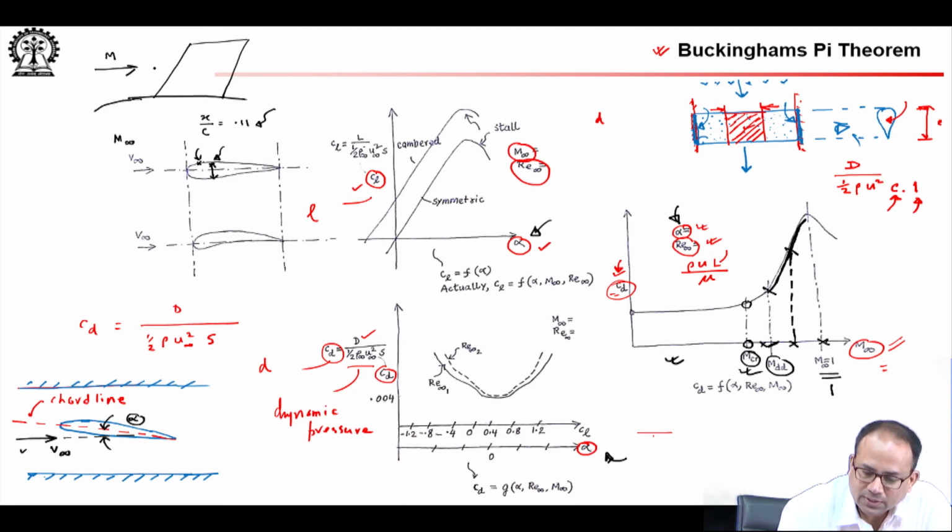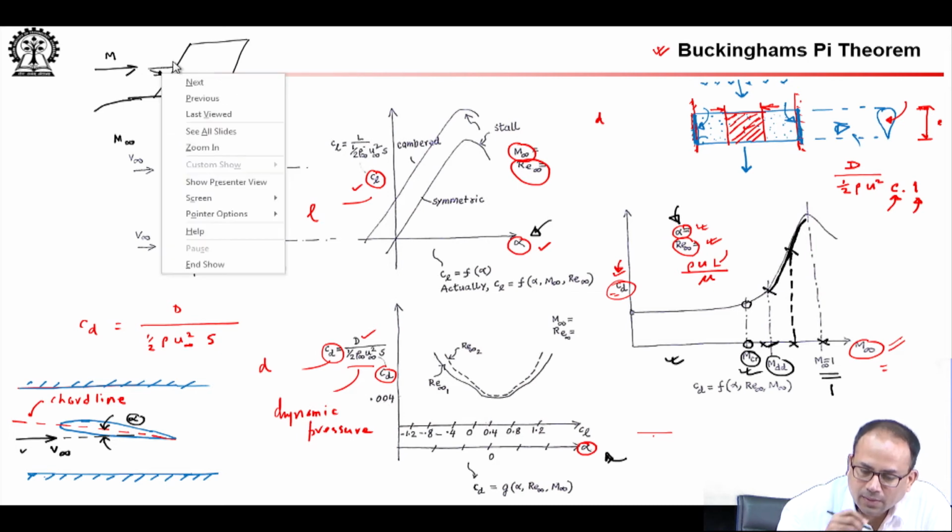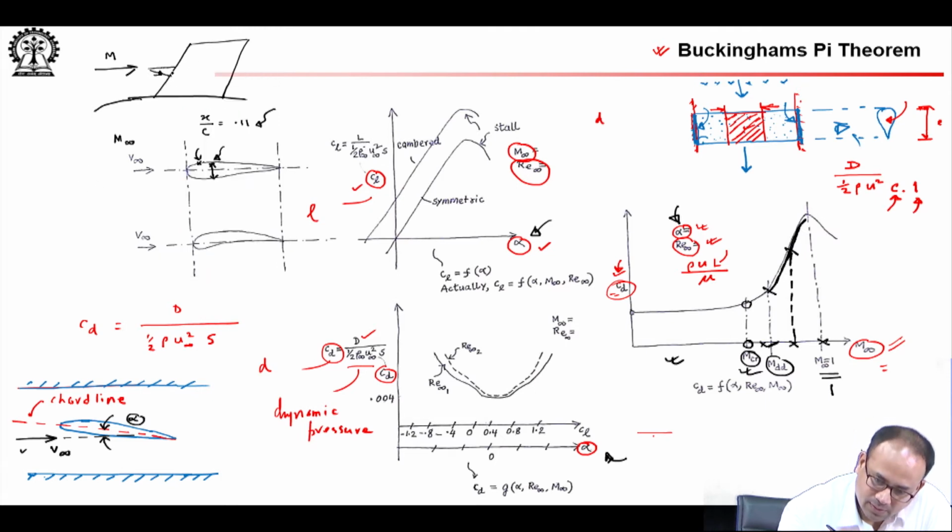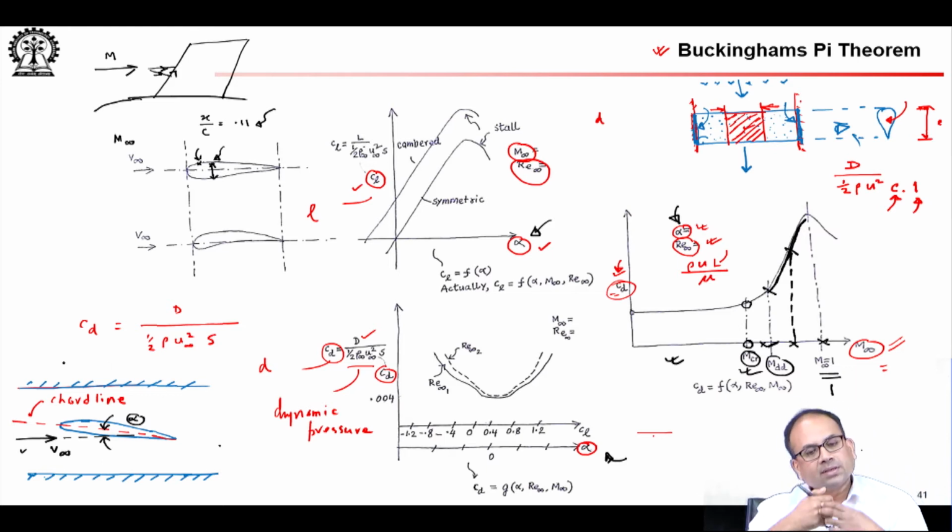So, now what happens is your wing sees a component of that Mach number.